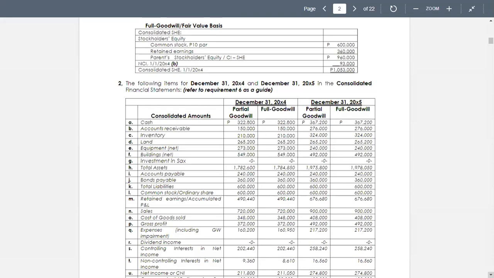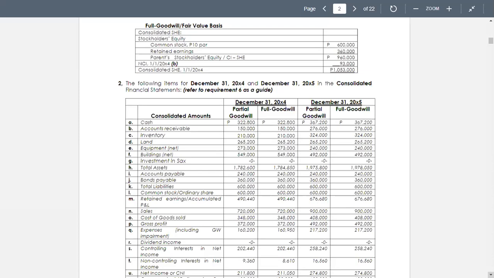We deduct accumulated depreciation of equipment for 135,000 and 96,000 for Pascal and SACS. So we have to deduct 96 and 135, and then we are going to add 96,000 based on our adjustment. If you will refer to the previous computations, you have 96,000 as adjustment to the equipment account.